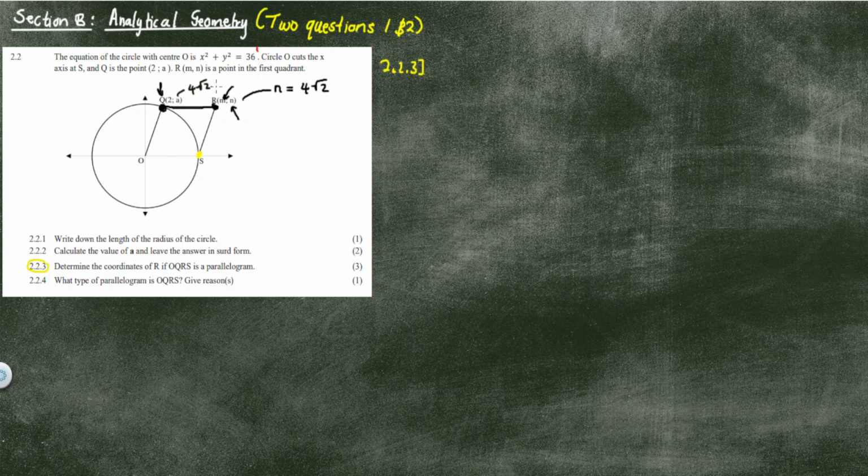The Q and the R will have the same Y coordinate because they are sitting on the same horizontal line. So we have to calculate M exactly.